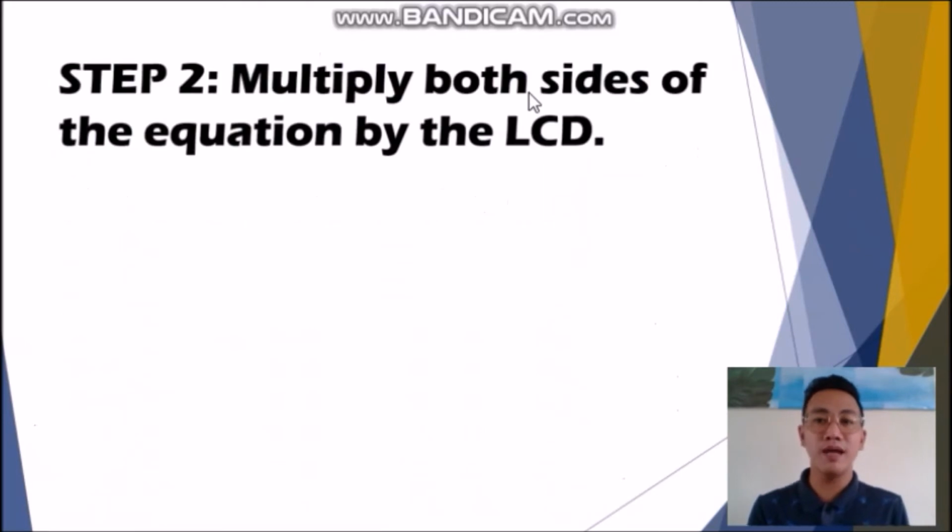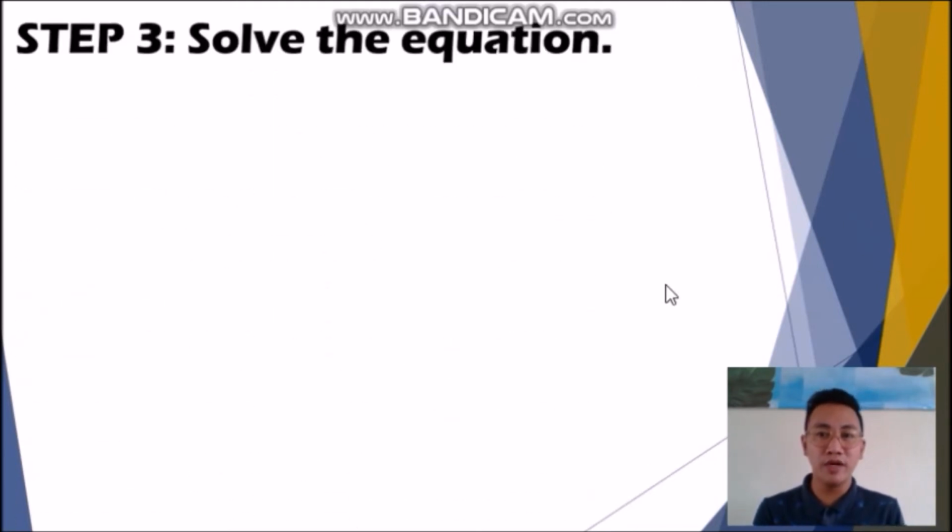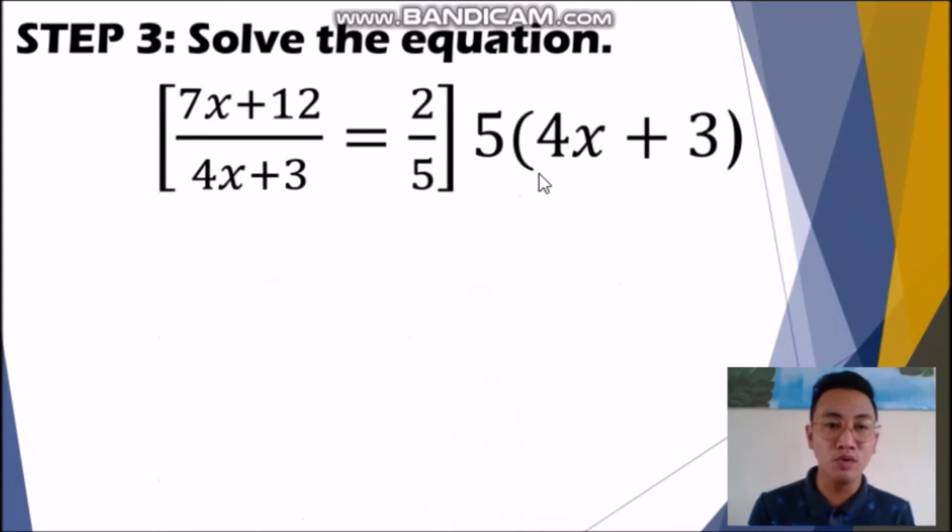Next, multiply both sides of the equation by the LCD. This is our given equation, and we multiply it on both sides. Right. This is our LCM. The third step, solve for the solution, or find the value of x. So coming from step 2, multiplying both sides, we will start with this side. Multiply (7x plus 12) over (4x plus 3) by our LCD, which is 5 times (4x plus 3).